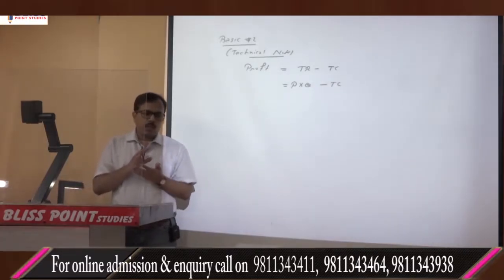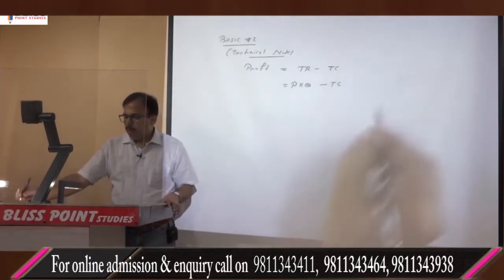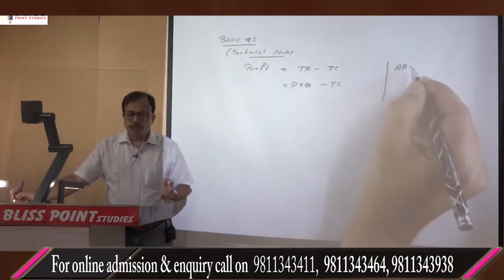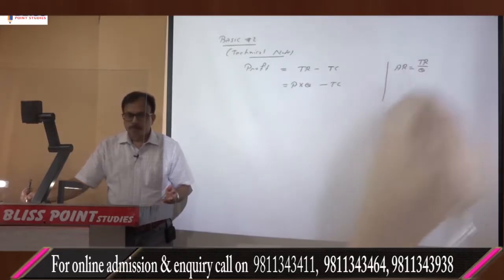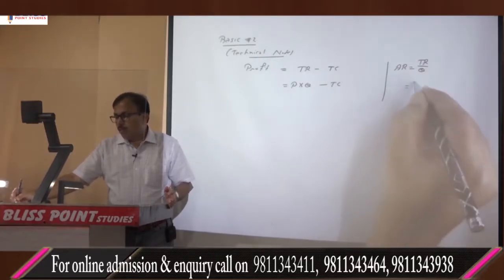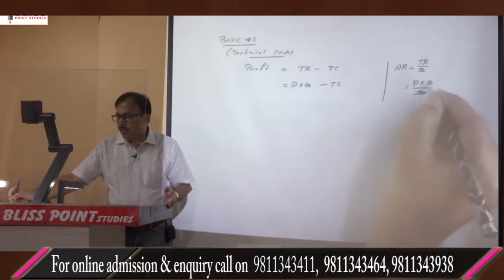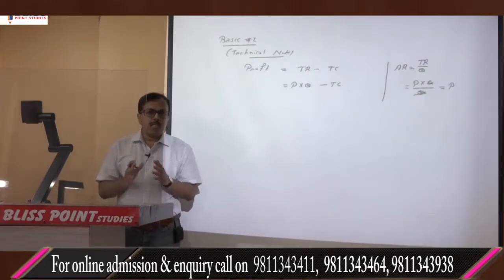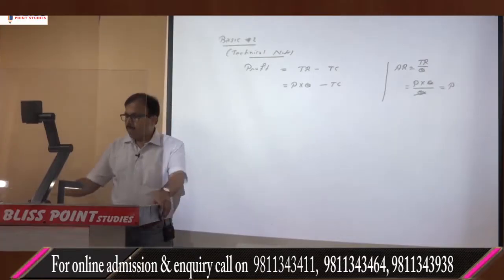When you calculate total revenue, you multiply price with quantity. When we find average revenue, that is per unit, we divide total revenue by quantity. But total revenue is price into quantity. So when you divide it by quantity, the quantity cancels out and only price remains, which means price is always equal to average revenue.